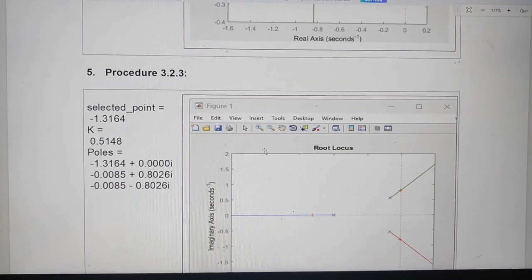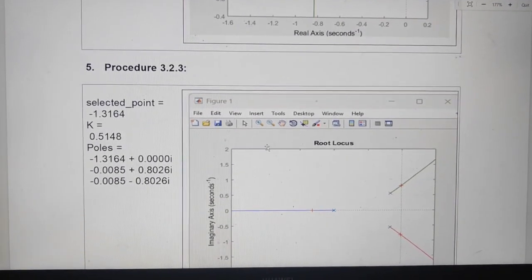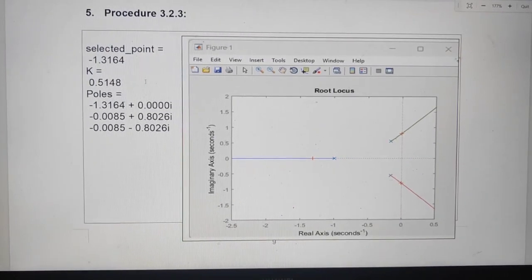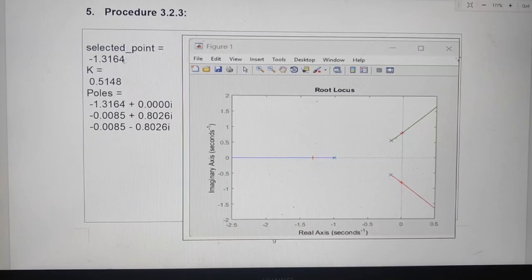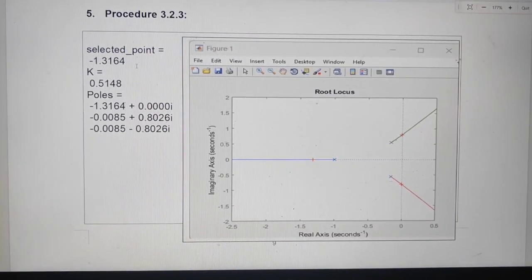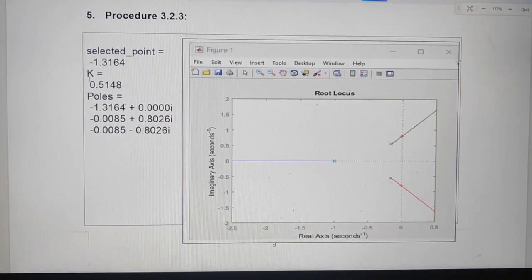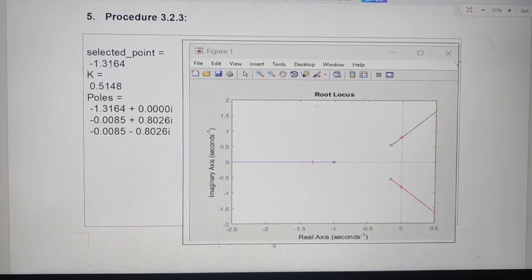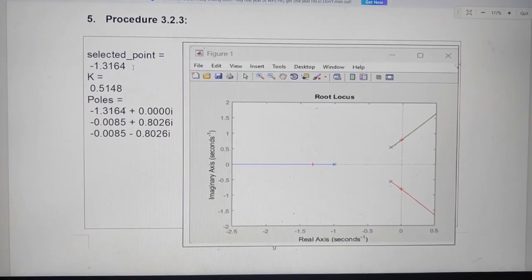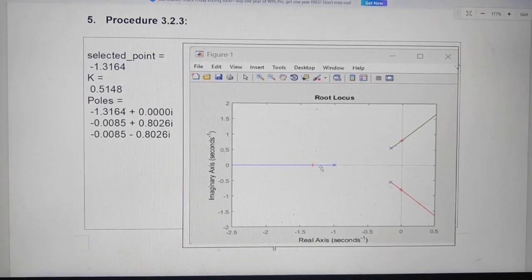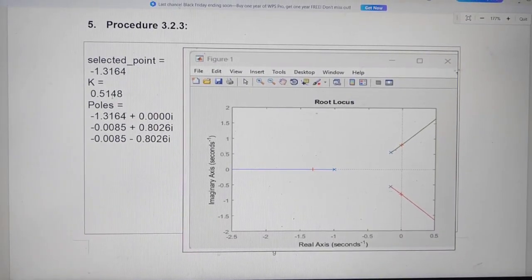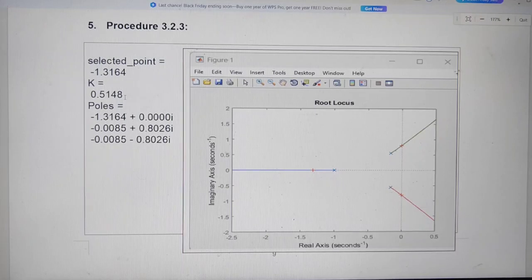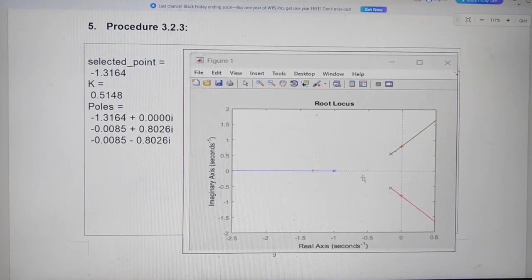For exercise 3.2.3, these are the output and the root locus. The selected point is negative 1.3164, which is here, and the k is 0.5148, which is here.